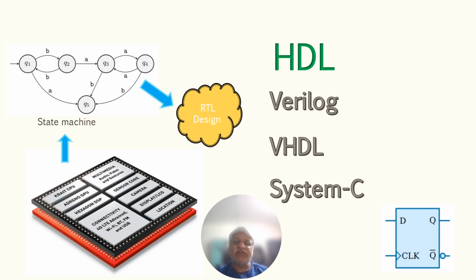However, HDLs are specifically designed to describe the behavior and structure of electronic circuits. One thing that sets HDL apart from programming languages such as C, C++, and Python is that the concept of time is included within the HDL coding. This is the greatest difference.